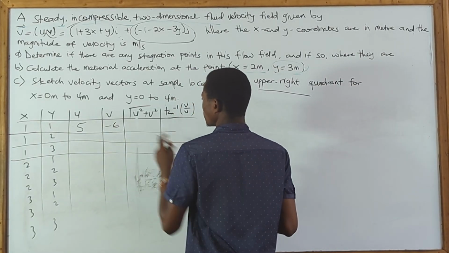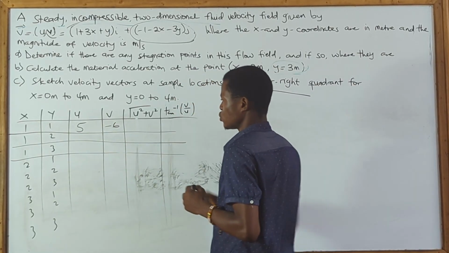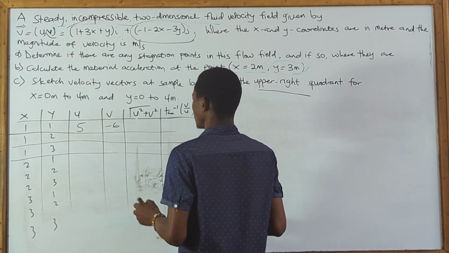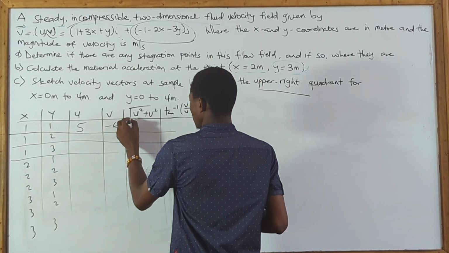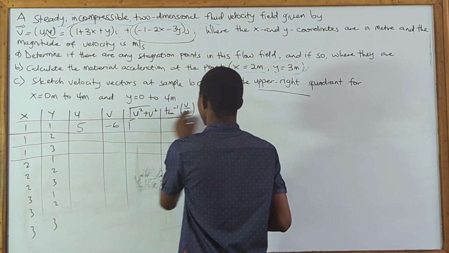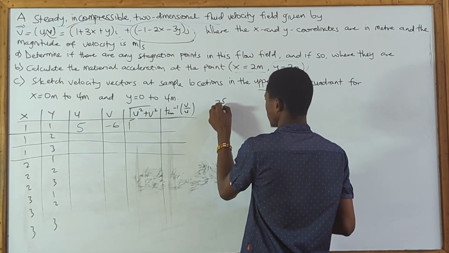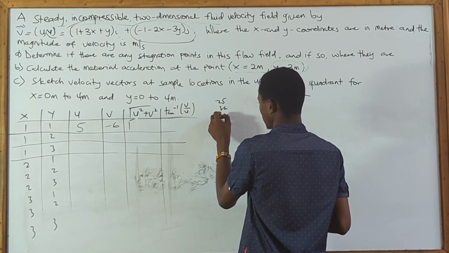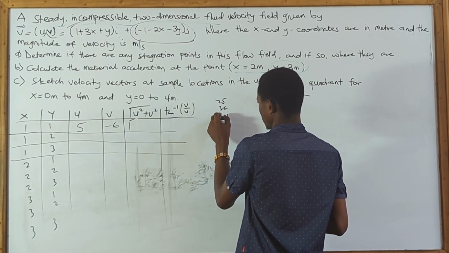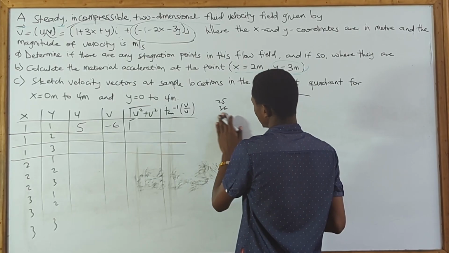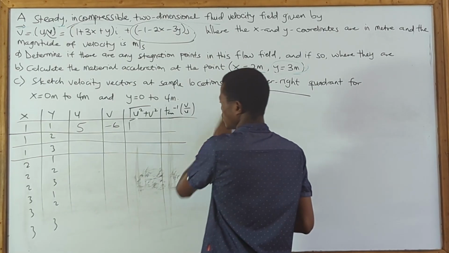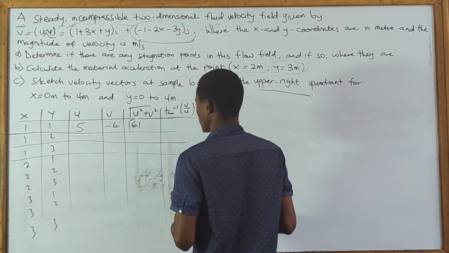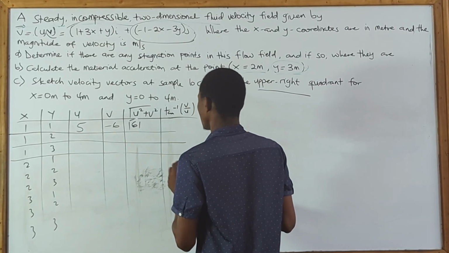Then you find the magnitude. This is the magnitude for it. You find the magnitude, and I'm going to get the square root of 61.